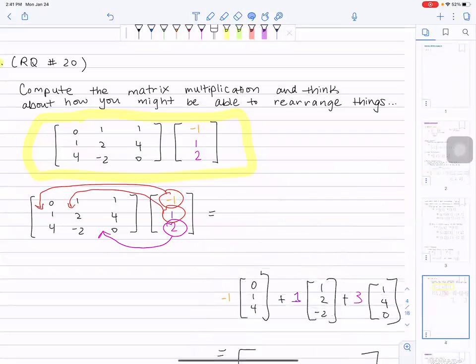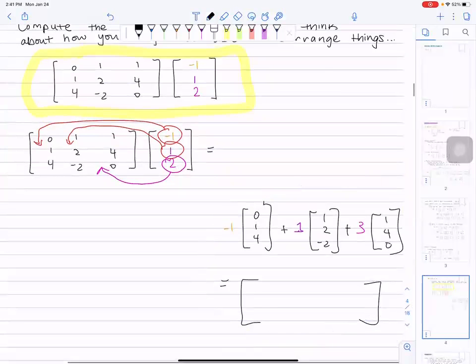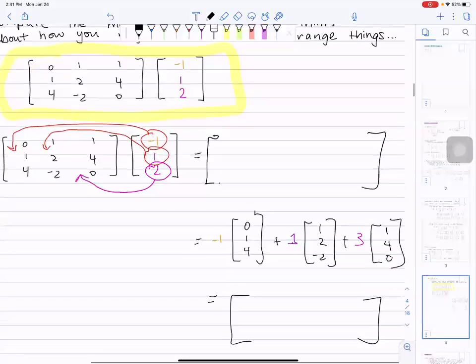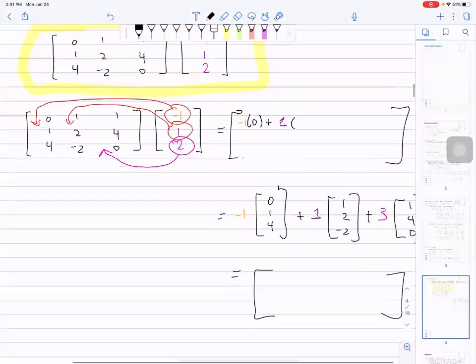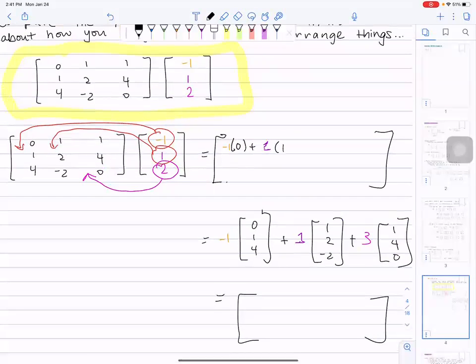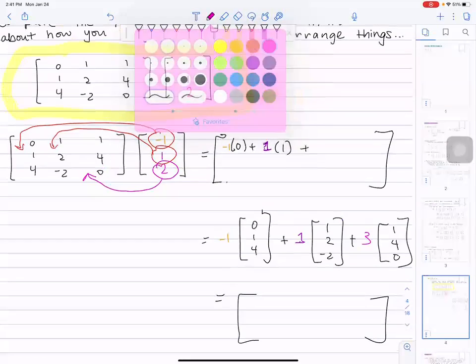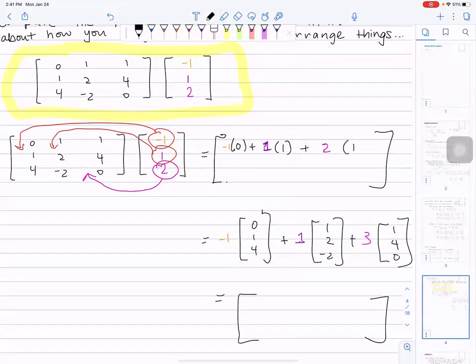Why does this work? Because if you were to actually multiply things out, how do you do matrix multiplication? You do -1 times 0 plus your purple 1 times the second term, 1, plus the pink 2 times 1.